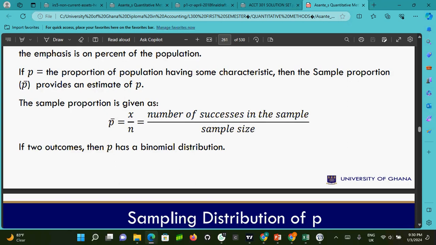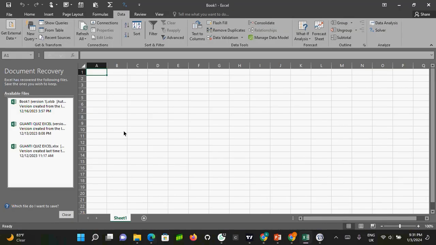And then they have selected a sample of, let's say, 40.